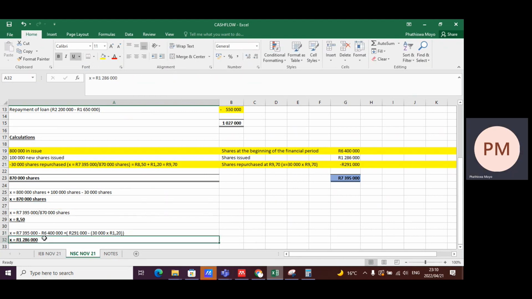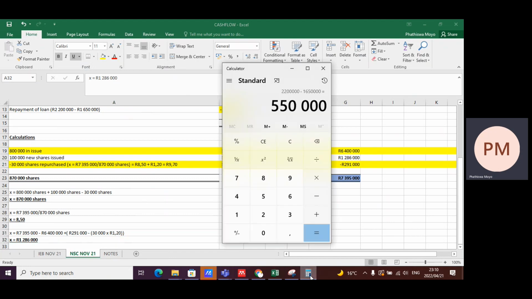So it should give us what they have, which is 36,000. So 291 minus 36,000 is 255.